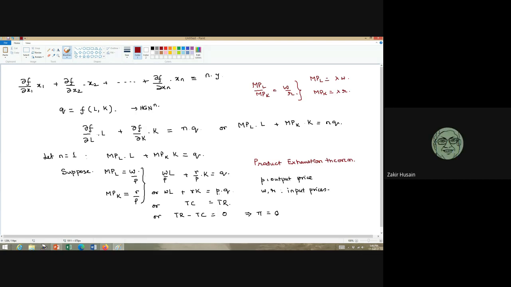Graphically, I will get this condition, but if you solve the problem mathematically, you will see that the actual conditions are MPL is equal to lambda W, MPK is equal to lambda R, and then we divide the first equation by the second equation, so that the lambda cancels out.